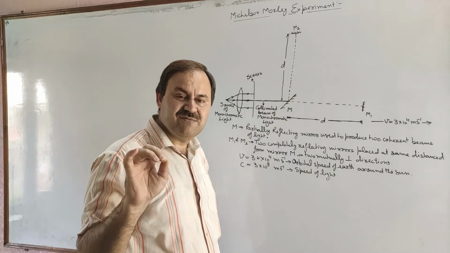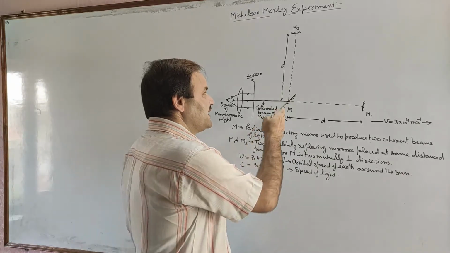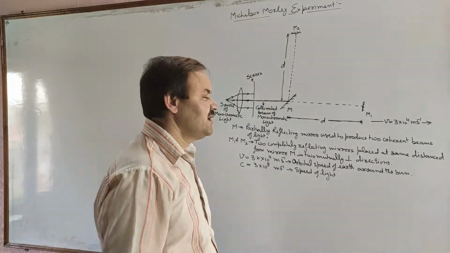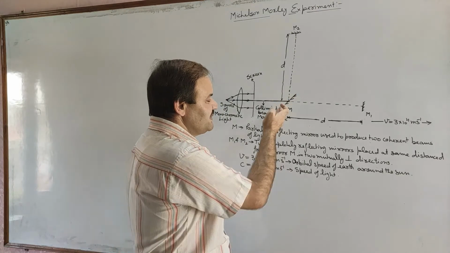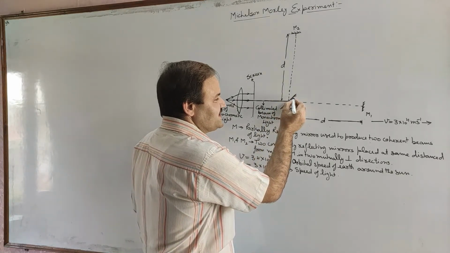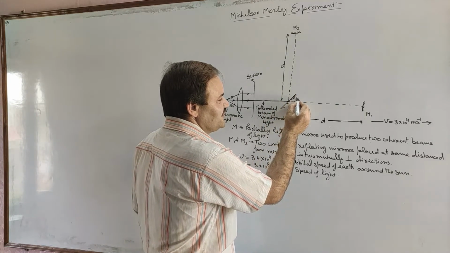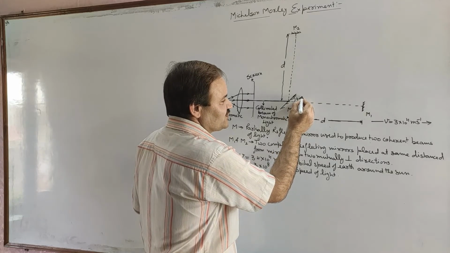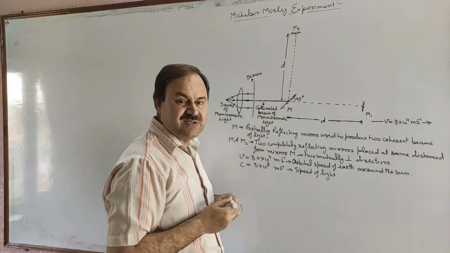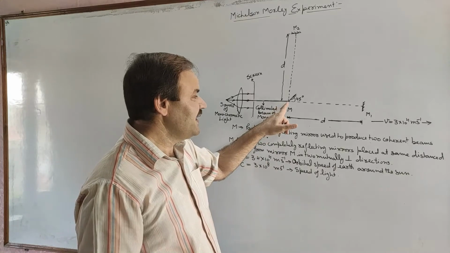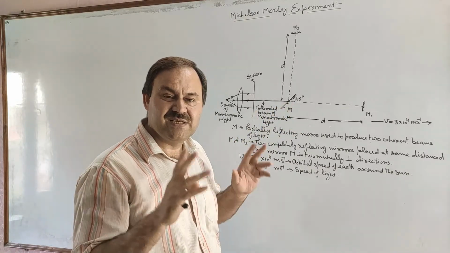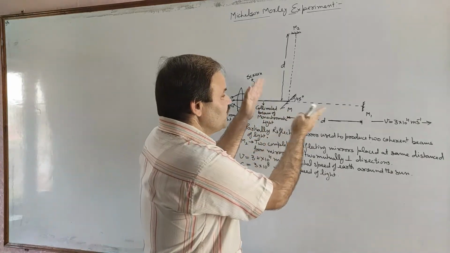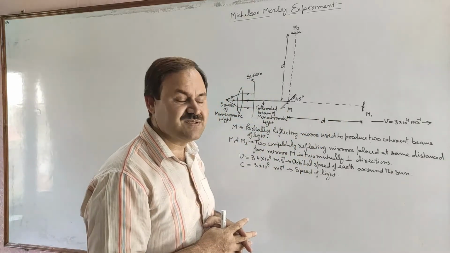This partially silvered mirror partly reflects the light and partly transmits the light. This mirror was placed at an angle of 45 degrees with the horizontal so that it may reflect and refract the beams of light in mutually perpendicular directions.